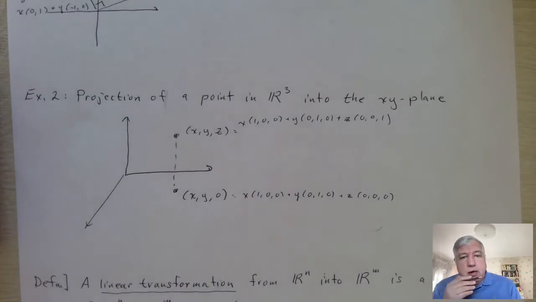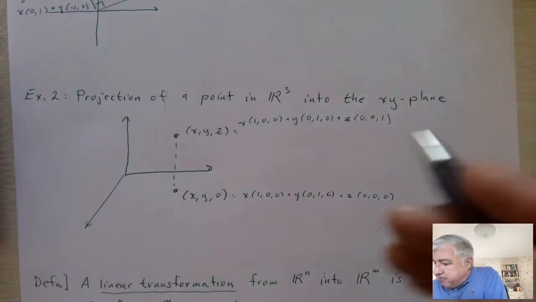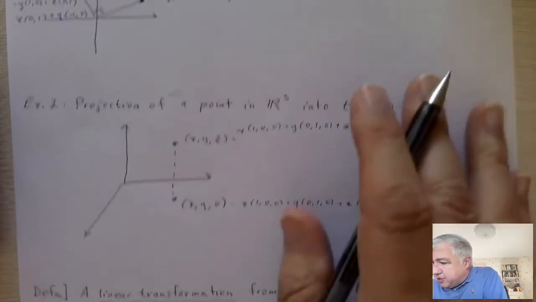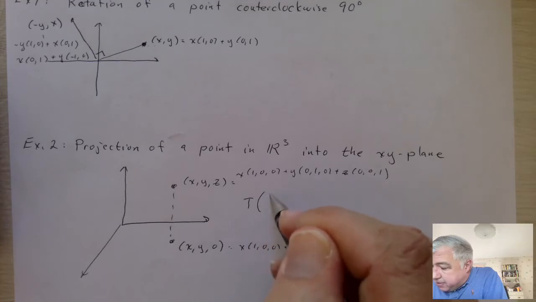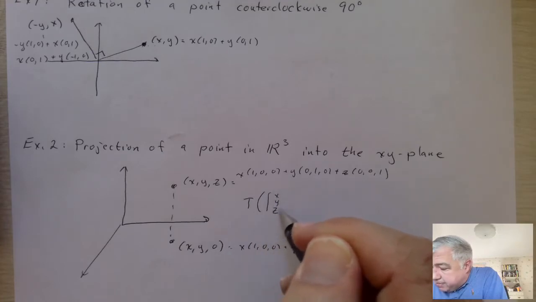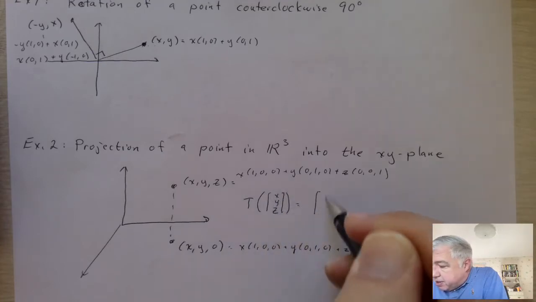So the general formula for this projection would be T(x, y, z) equals (x, y, 0).